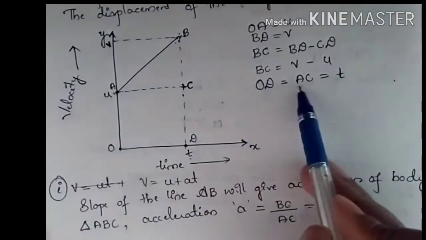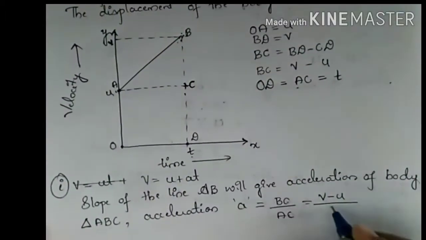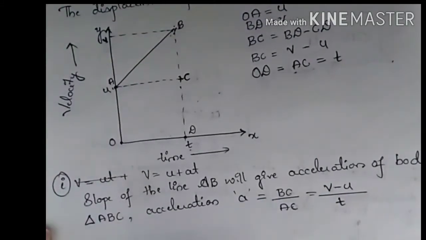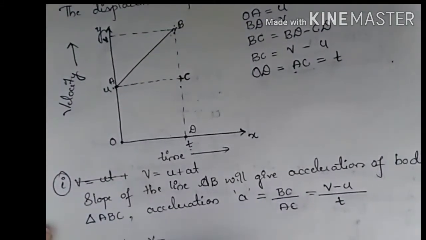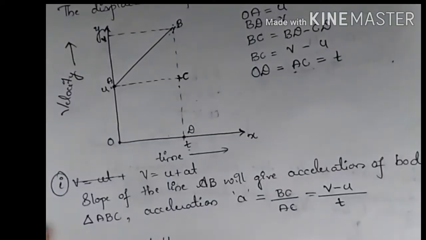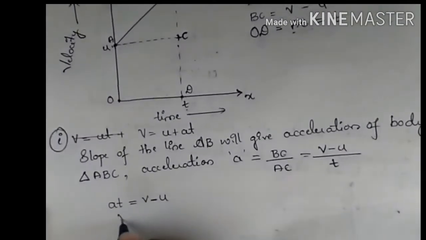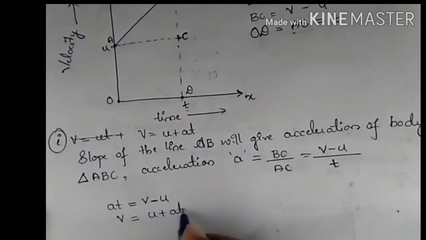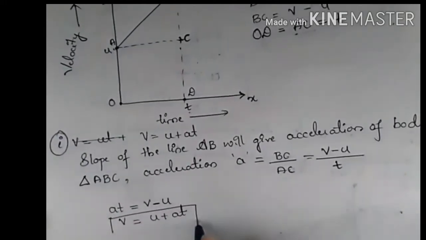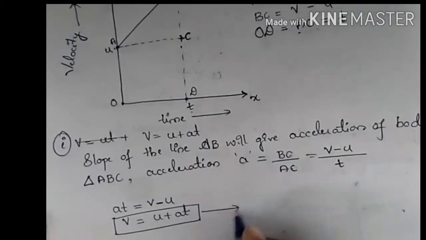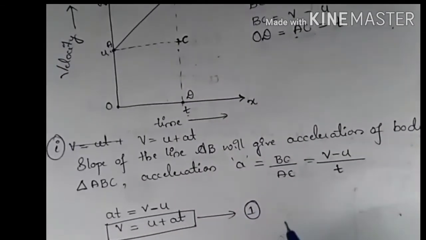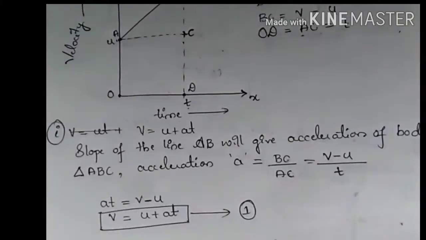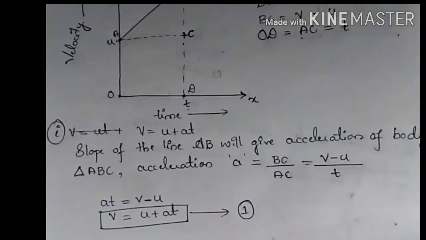We have written here AC is t. So acceleration multiplied by t will give you v minus u. If you write this equation in terms of v, it will be v equals u plus at. So this is the first equation that you got from the uniformly accelerated body. This is the first kinematic equation.